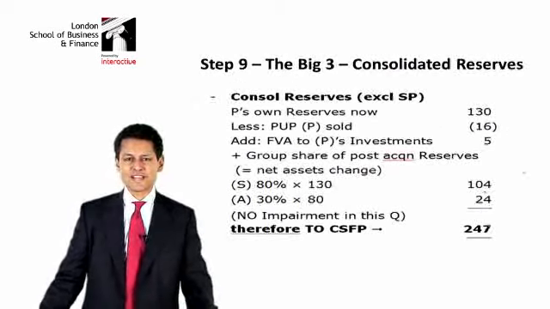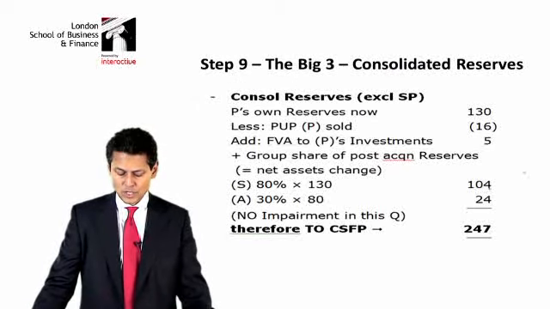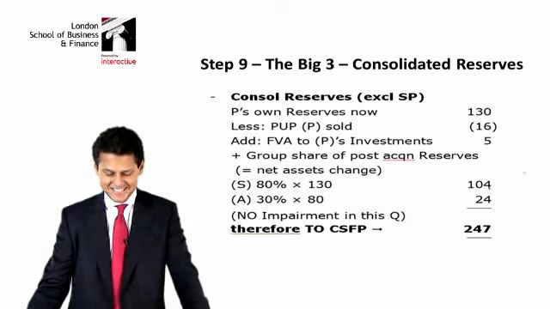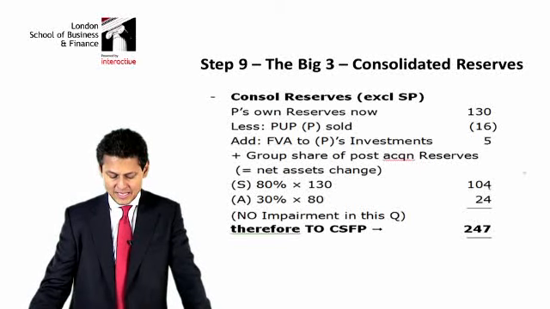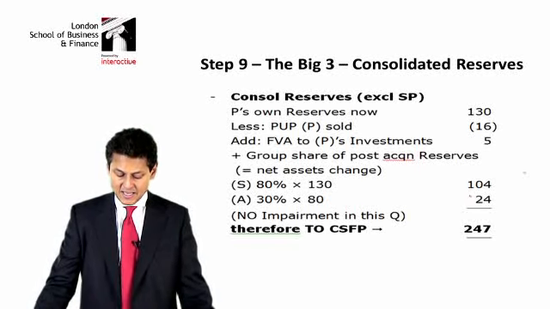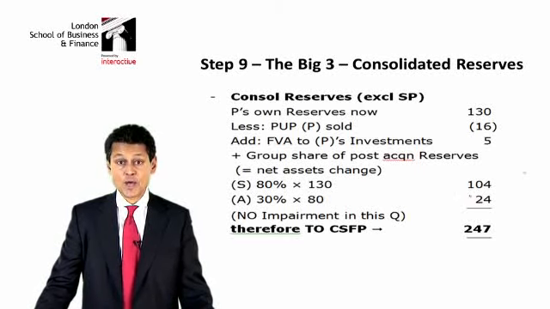Then you have your consolidated reserves, which is obviously your parents' own reserves, less the PUP. Add to that the P's investments. And, of course, the investments we have here, the group share of post-acquisition reserves, which is the net assets change. If you remember, going back to the net assets list, 80% of 130 is 104, and then 30% of 80 is 24.